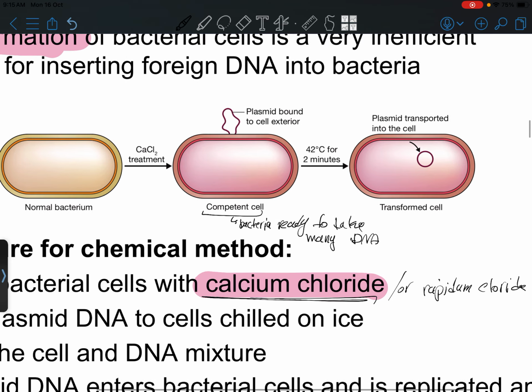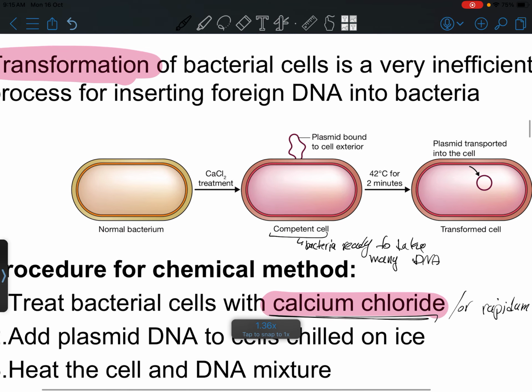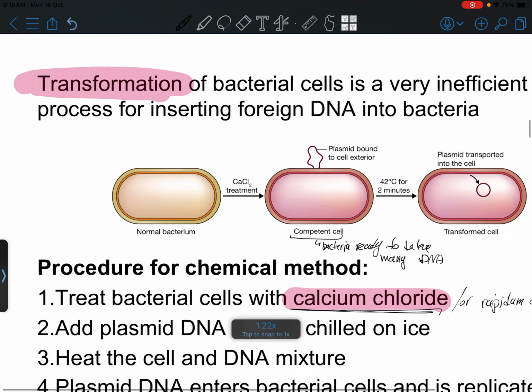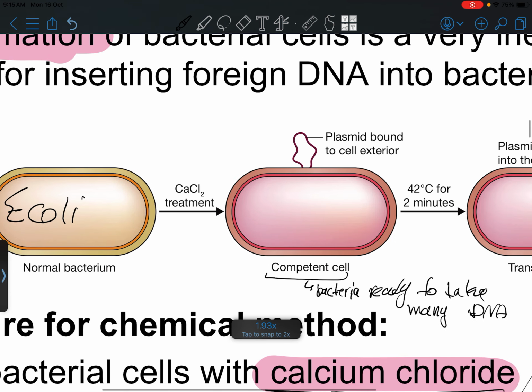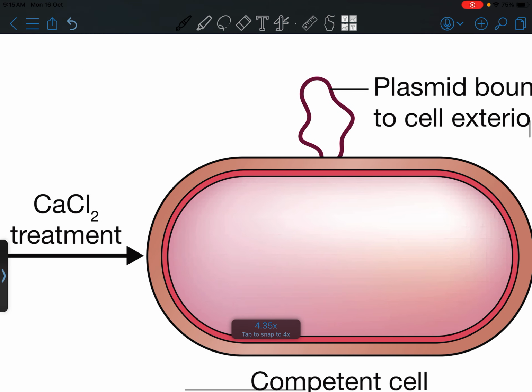Now, most of the time, the bacteria we use for cloning is the E. coli. If you treat the E. coli cell with rubidium chloride or calcium chloride, it will become a competent cell.